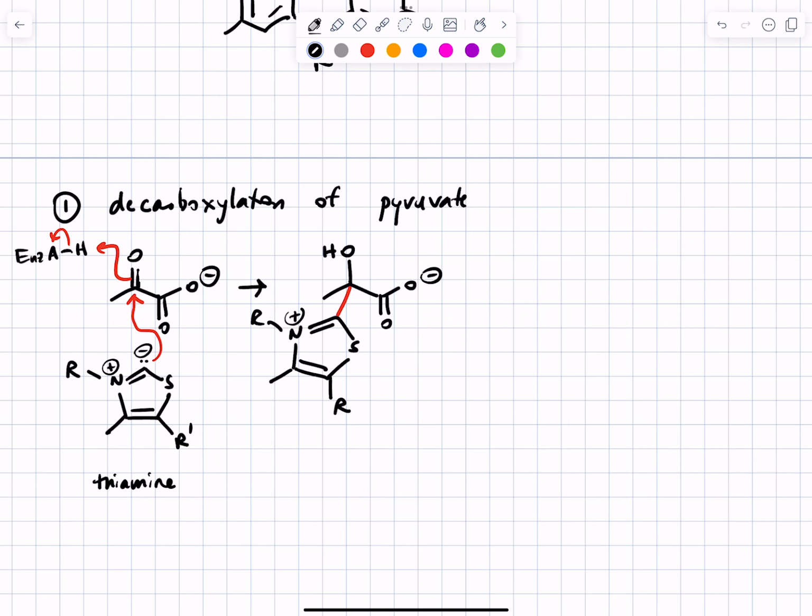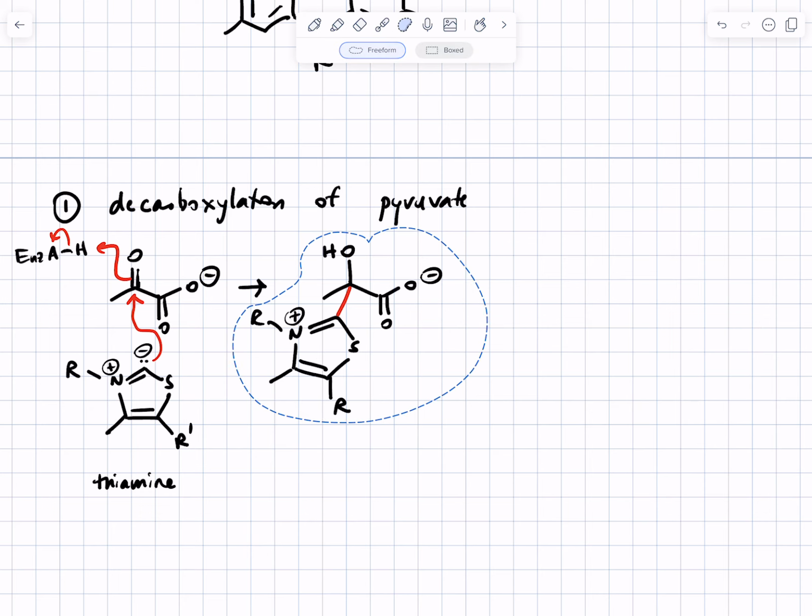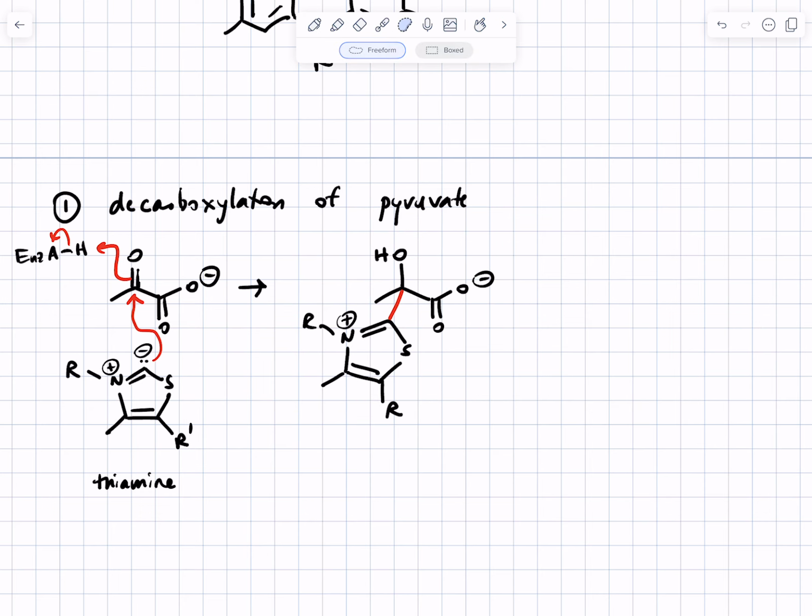Okay. So now look at what that was: a nucleophilic addition reaction, nucleophilic addition to a ketone. Here is the nucleophile, and here's what used to be the ketone oxygen. I want you to notice what's changed.